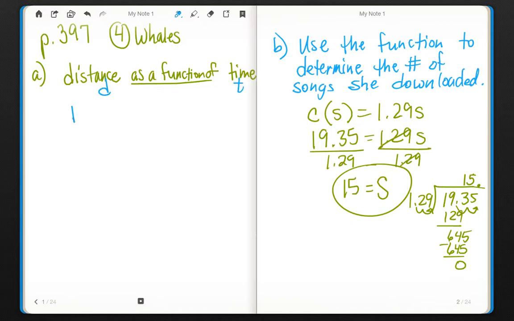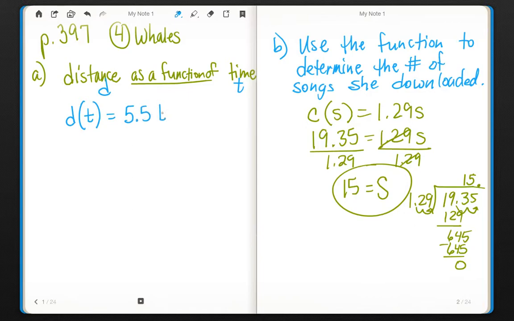So remember earlier we did distance as a function of time. And then we need to write down, well, what do we do to the time? Remember, time is our input. That's the independent variable. So we look back. The first sentence there, it said a whale watching boat traveled at a speed of how much? 5.5 miles per hour. So that's 5.5 miles for every hour.